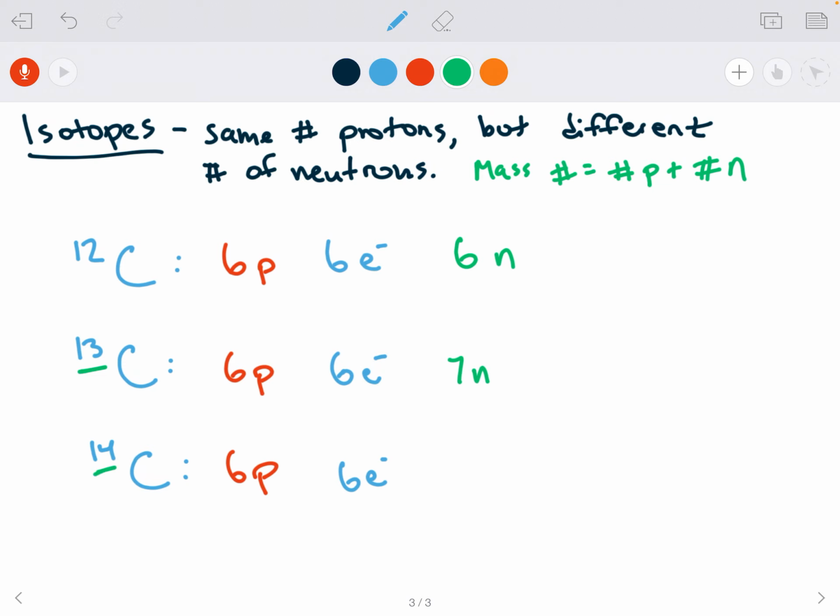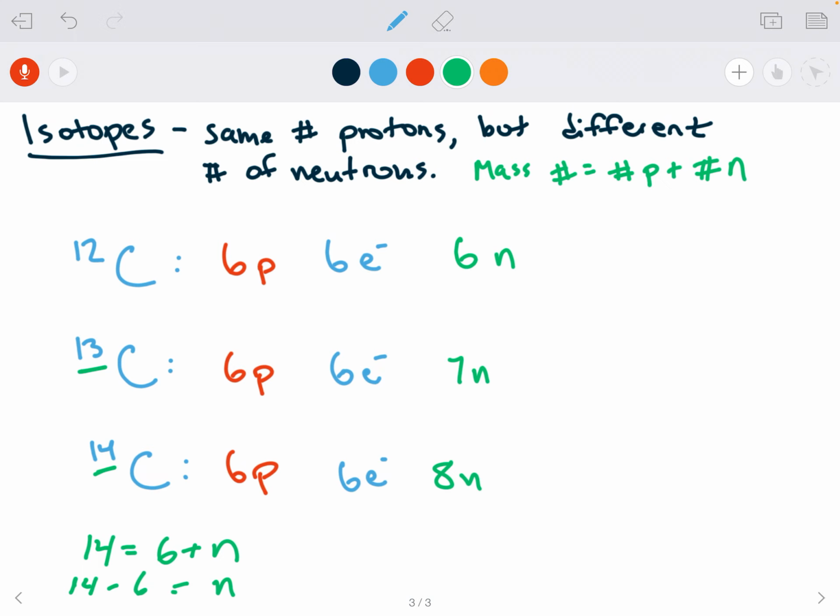And 14 here. Right, mass number of 14 is equal to the number of protons 6 plus the number of neutrons, which we'll represent as n. So then n is equal to 14 minus 6. That gives us 8 neutrons. So those are isotopes. Same number of protons, different number of neutrons.